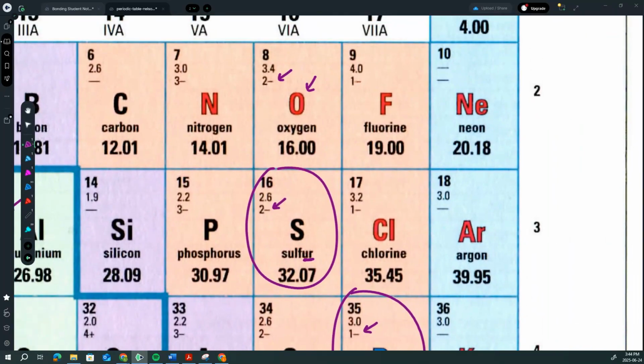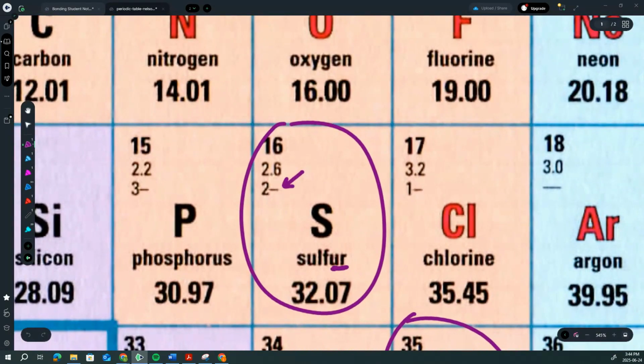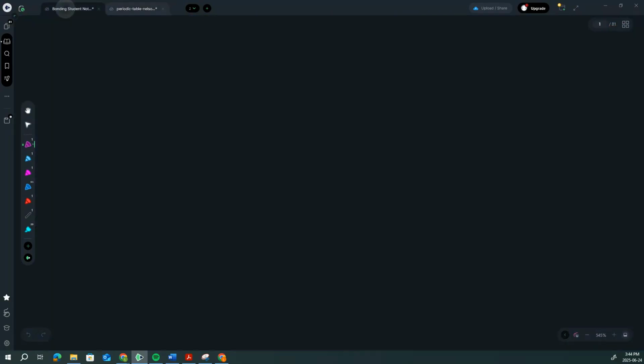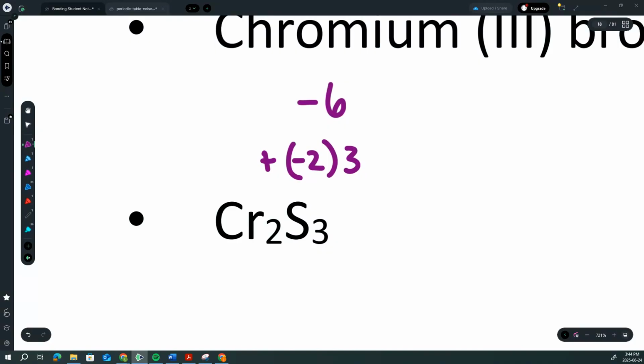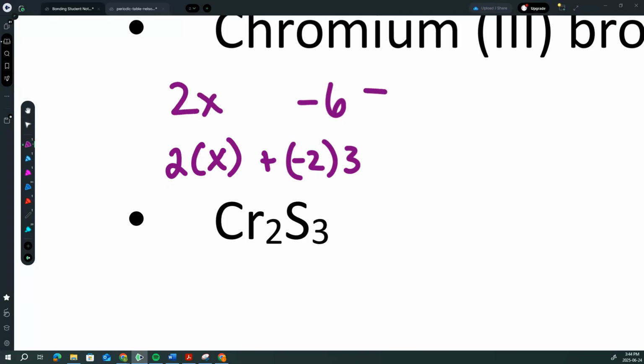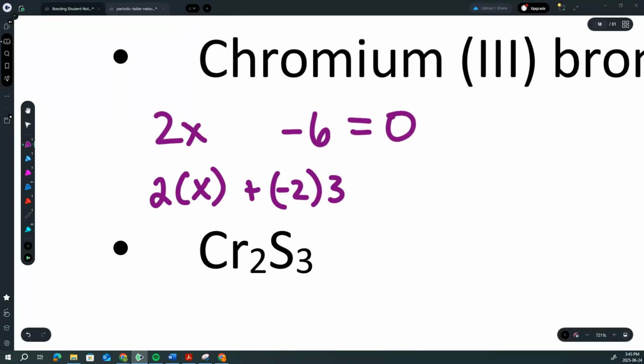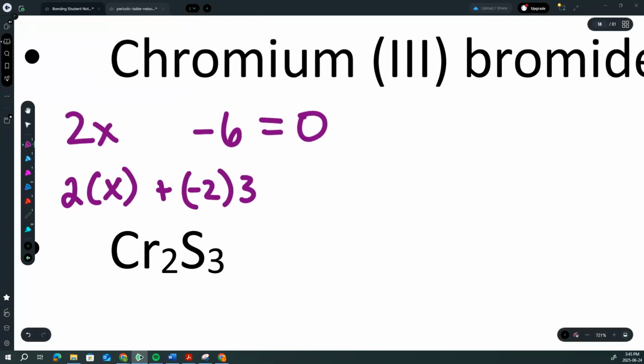to help me figure out which of the two possible charges for chromium there's going to be, I'm starting with sulfur because we know that one for sure. It has a -2 charge, and there's 3 of them, so that's going to give me -6. Now with chromium, we have 2 of them, and we don't know what the charge is. So we have 2x, but we know we want this equation to equal 0.